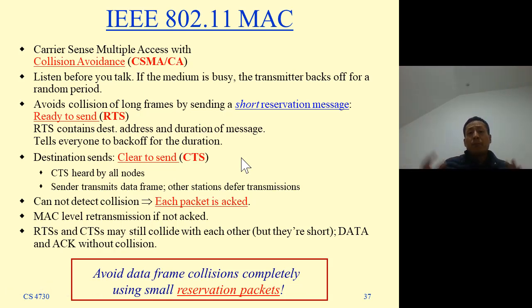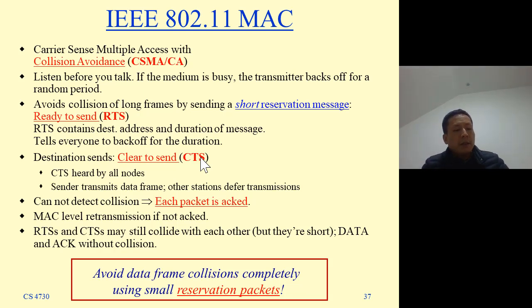If multiple stations want to send to him simultaneously, he will see who sent the request first. Then he will send a clear to send, which means, okay, I got your reservation request. I will reserve this for you, and all the other stations around me will defer and wait.